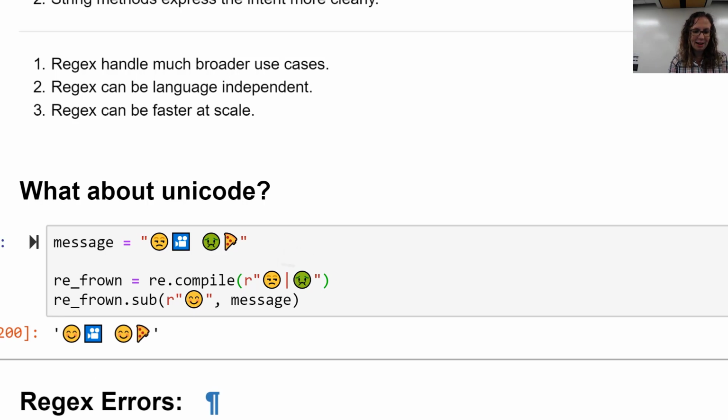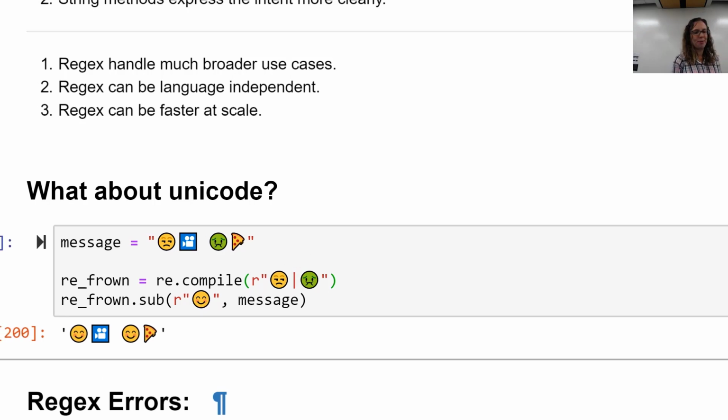I got back the message: smiling about the movie and smiling about the pizza. What is the pipe doing here in my regular expression? That's right, or. So this is looking for either of those two upset faces, and then I use substitute to get a smiley face in. Any question about this?